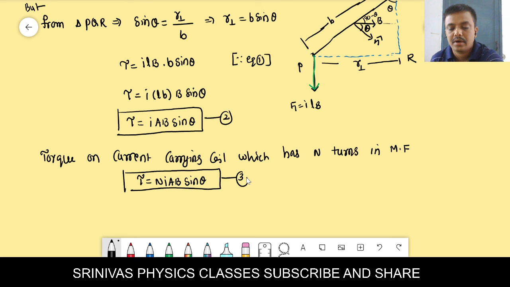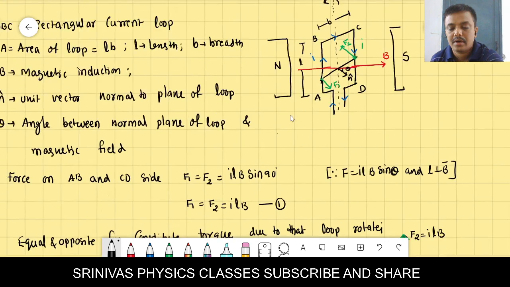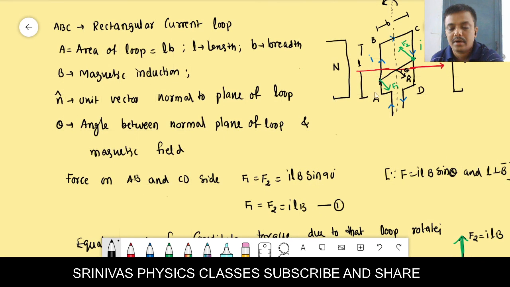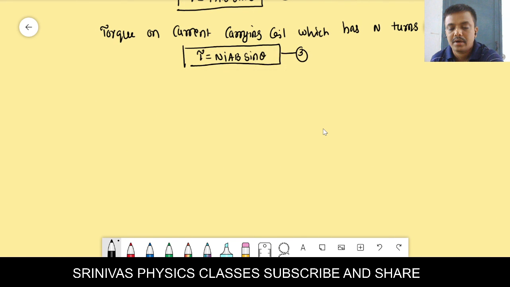This is equation 3. We know that a current carrying coil behaves like a magnet, right? A current carrying coil produces a magnetic field, so this coil will act like a magnet. That magnet has some magnetic moment. Then this formula we can also write like this: tau is equal to MB sin theta.